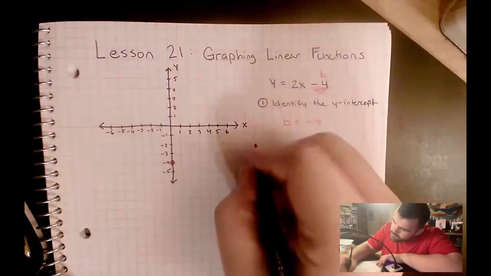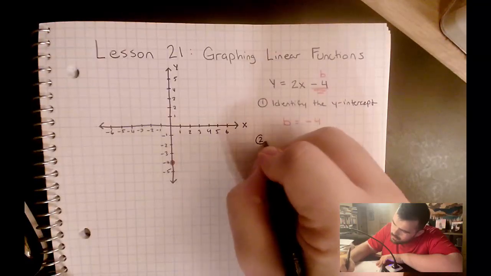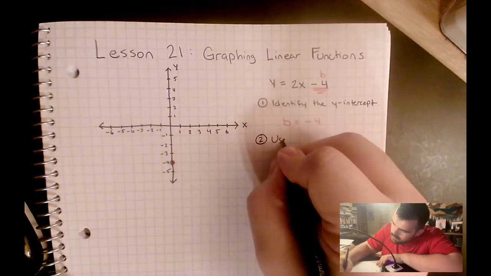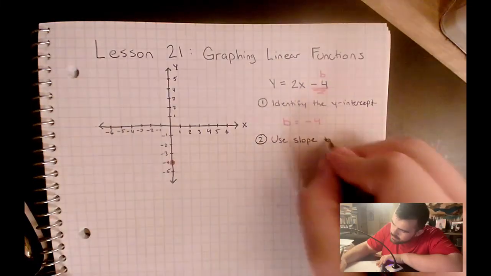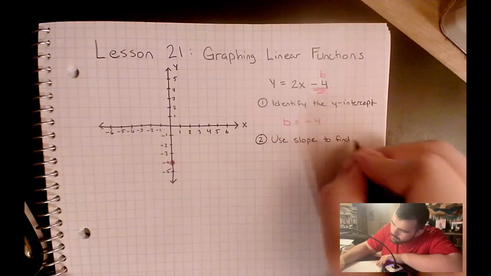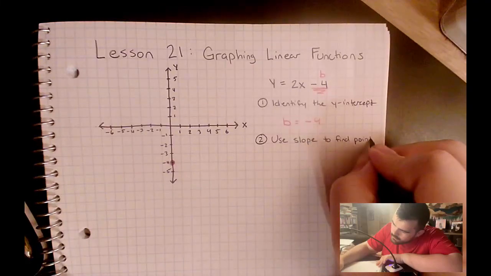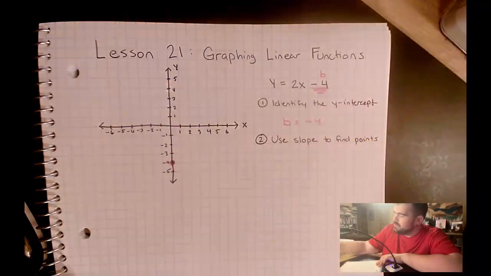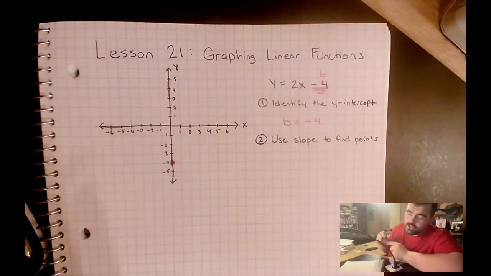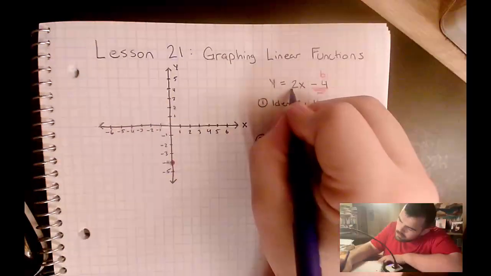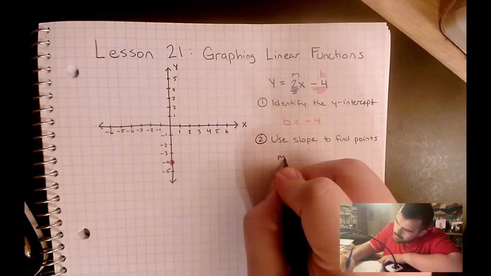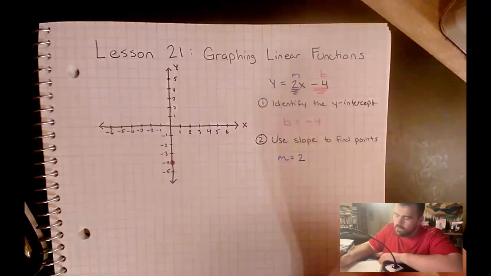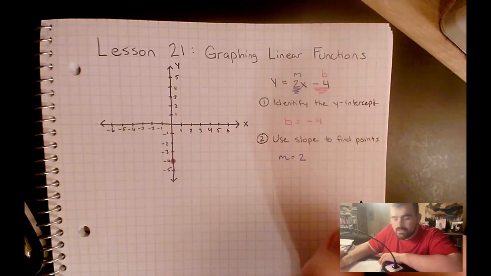Next, step 2. Use the slope to find more points. So the slope is 2. How do we use that to find more points?